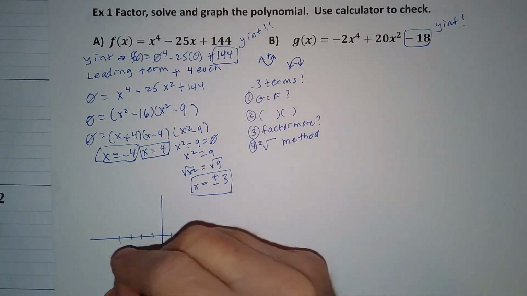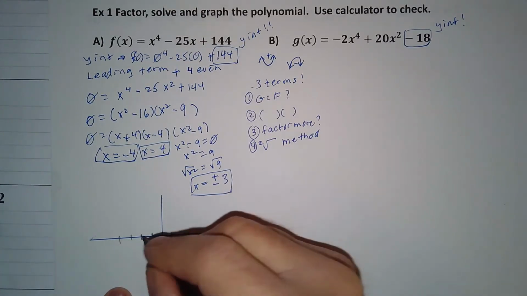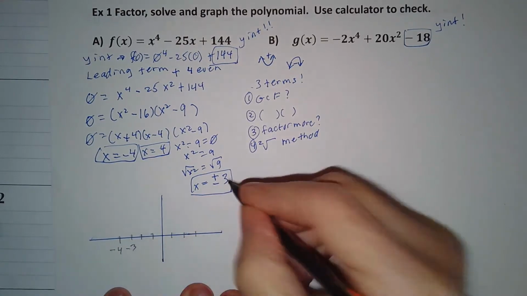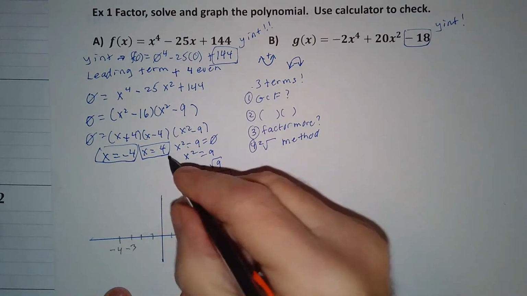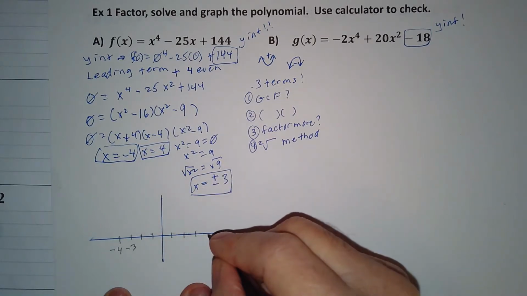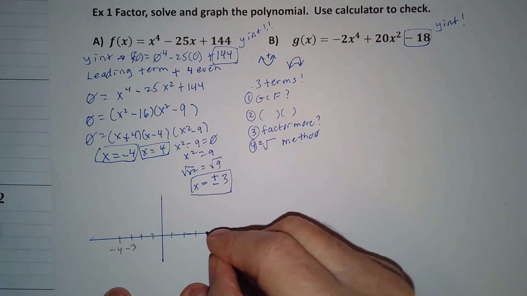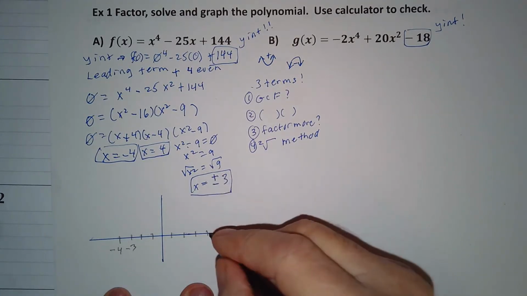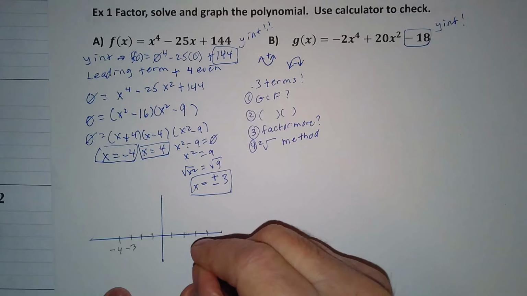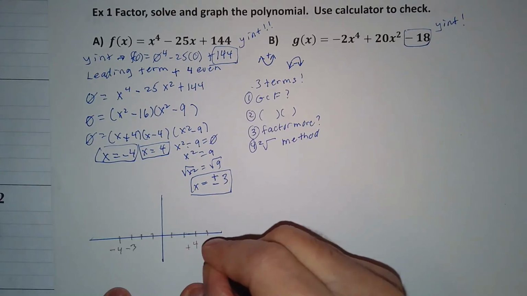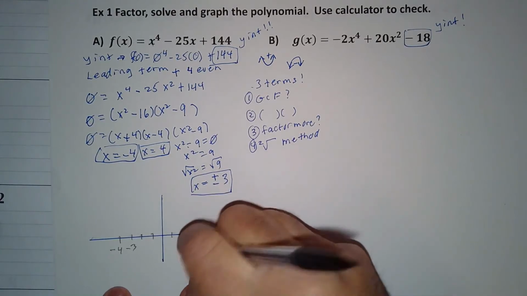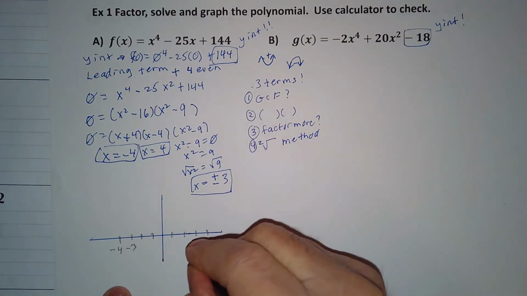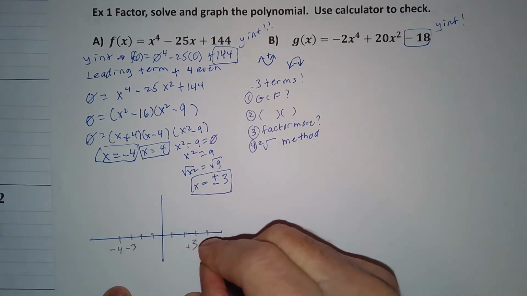I'm only going to do 4 on the left and 3 on the right, because this is -4, this is -3, and then I've got a 4 and a 3 over here. Well, let's go all the way out. So I've got -4, positive 4 and positive 3. See, this is why I want to use my eraser. I can fix things. So positive 3, positive 4.